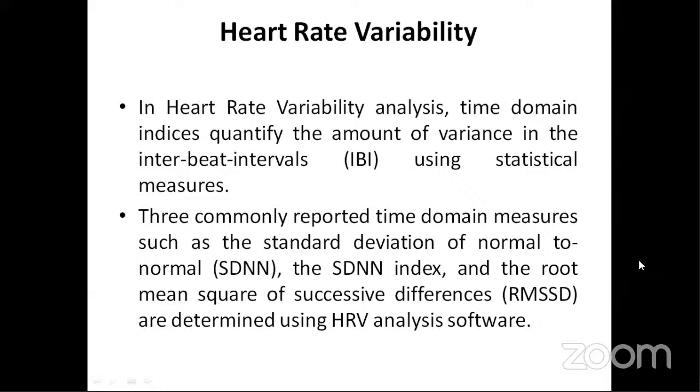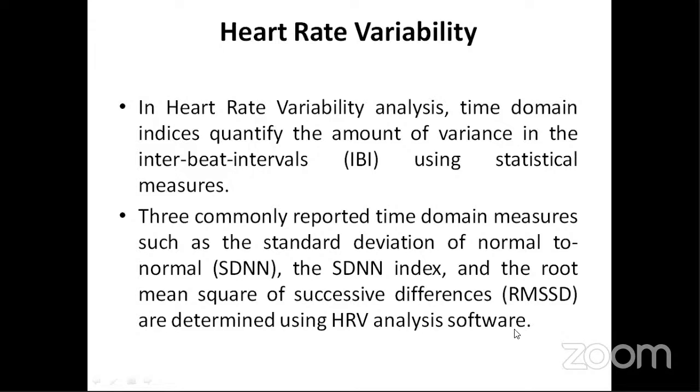Another important thing about finding fetal ECG is that you can get heart rate variability too. By finding the standard deviation of normal to normal intervals, SDNN, the standard deviation index, and the root mean square of successive differences, it can be analyzed with the help of HRV analysis software.